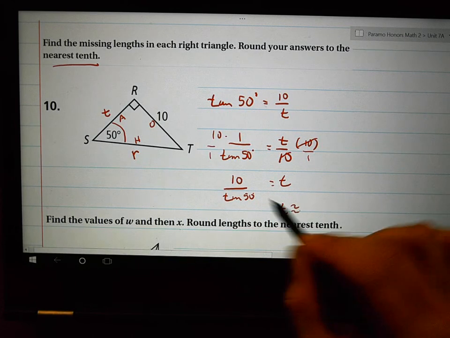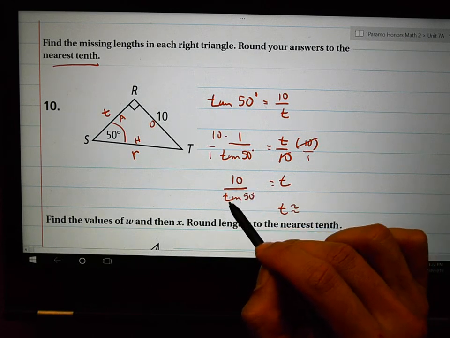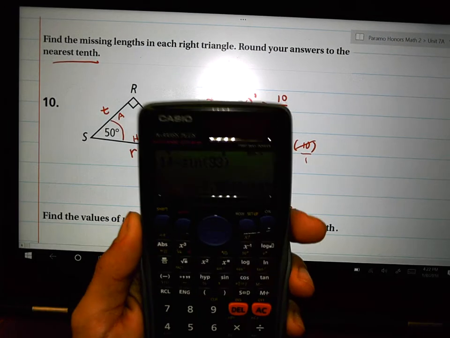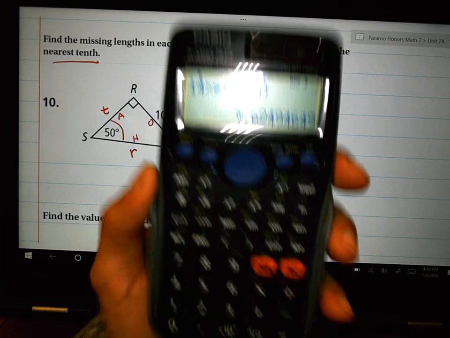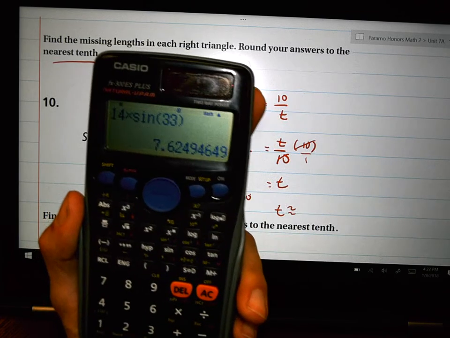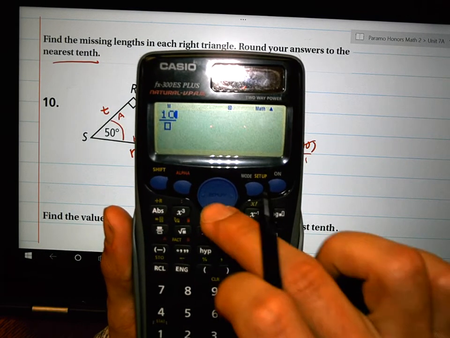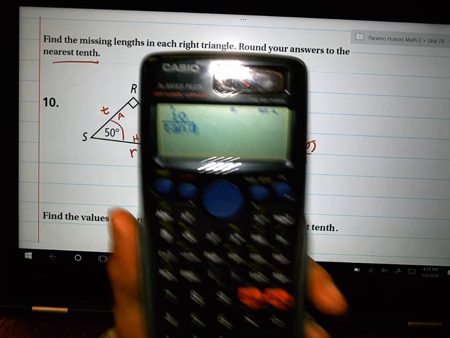When we plug this into our calculator, to our nearest tenth, we have to punch in 10 divided by the tangent of 50 degrees. If you want to use the fraction button, 10 divided by tangent of 50 degrees.